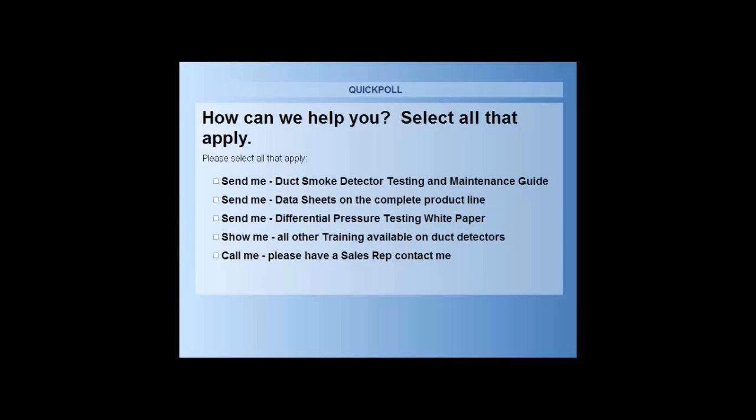We sell two different heads, and they can both be used in the duct smoke detector housing. But if you're using the standard open area style head, you would need a coil in order to do remote testing. We also sell the remote test capable head. Typically when people are installing intelligent duct smoke detectors, we recommend always using the remote test capable head, just to ensure they have the head they need in place whenever remote testing or signaling may be required.